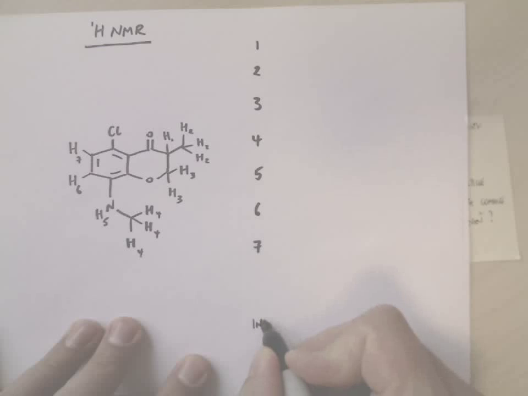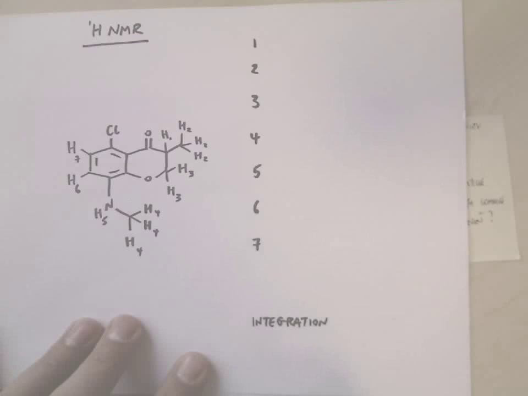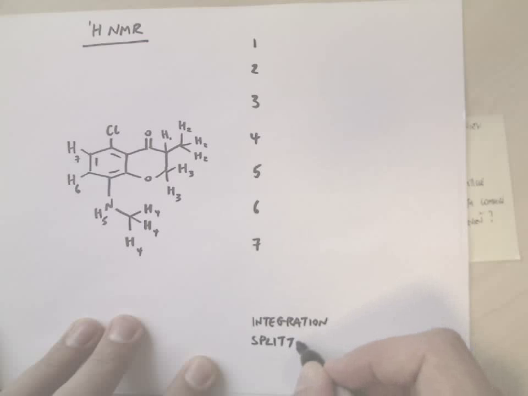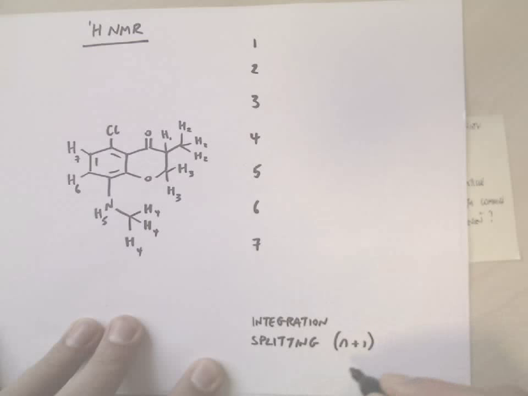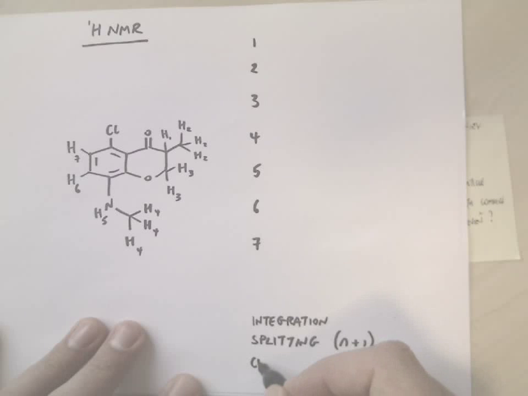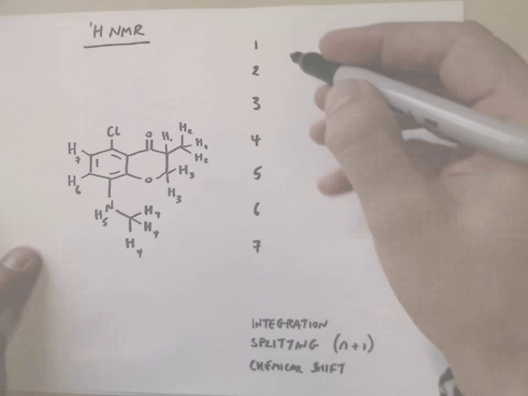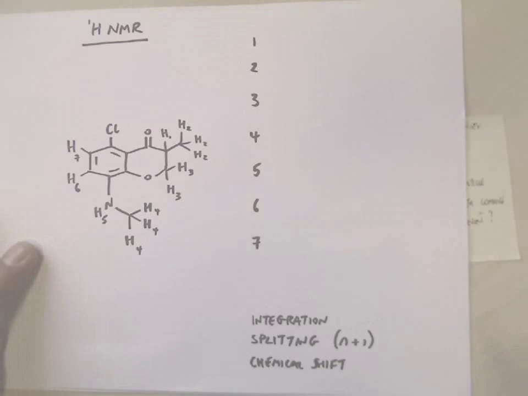That is the integration, which refers to the amount of hydrogens at that position, the splitting, which we get from the n plus 1 rule, where n is the number of neighbours on the adjacent carbon, and finally the chemical shift. So if we go through each of these in turn, providing these 3 bits of information, we will get full marks for this particular question.